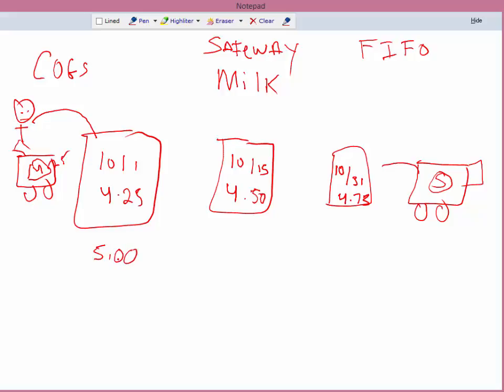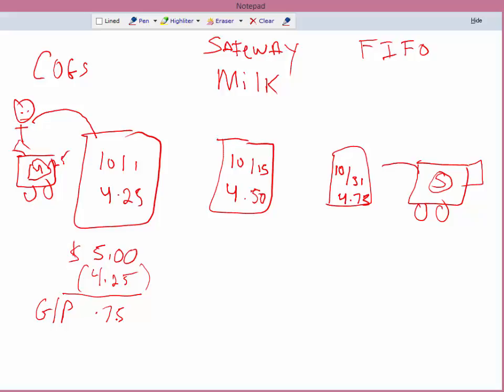So they're going to charge you $5, and their cost is $4.25. That difference we call gross profit. That's 75 cents. I don't mean margin like the butter. This is gross profit.